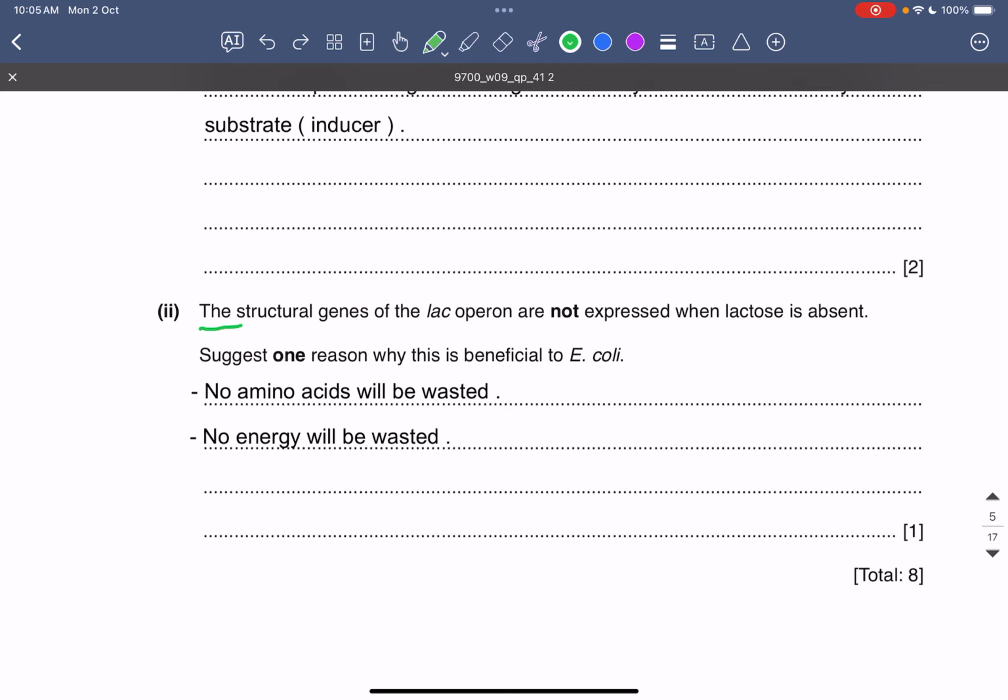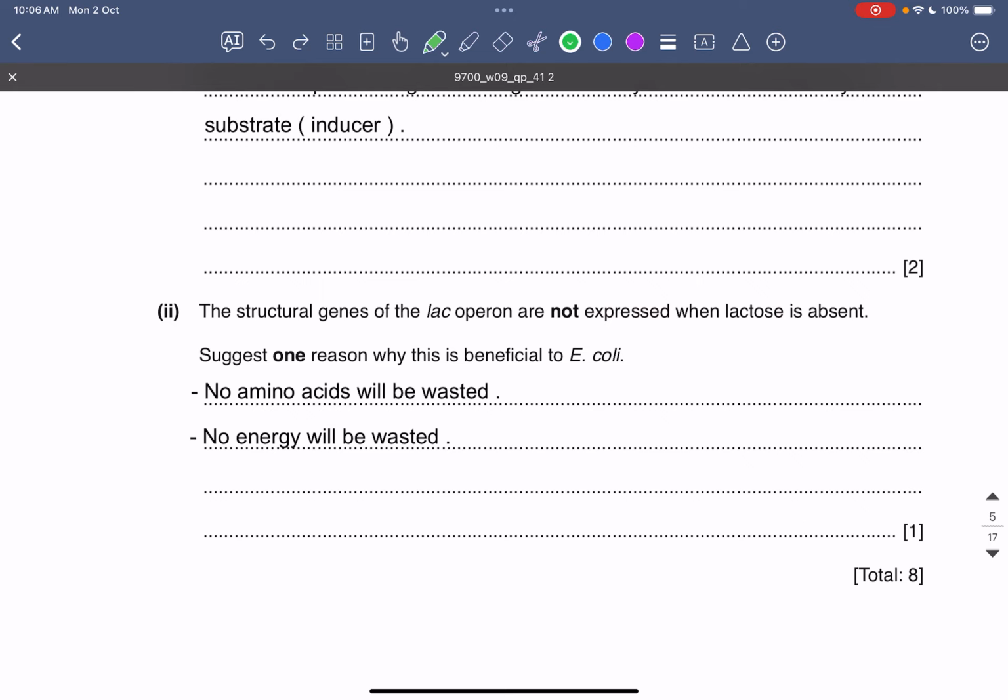The structural genes of the lac operon are not expressed when lactose is absent. Suggest one reason why this is beneficial to E. coli. So, like I said previously, some cells don't like making proteins because the process of gene expression requires a lot of energy and resources.